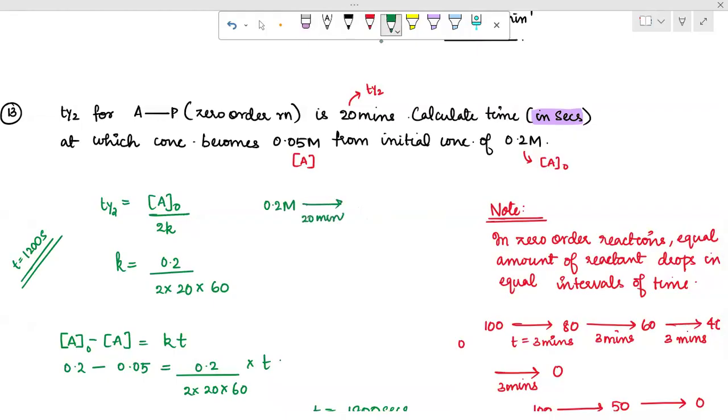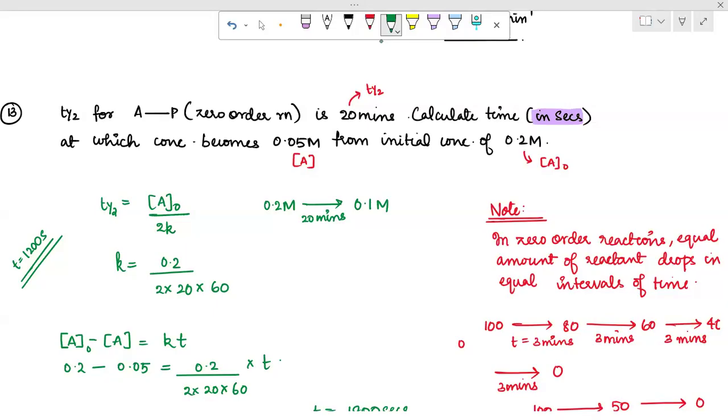Half-life means whatever concentration we have, exactly half is reduced in 20 minutes. The initial concentration becomes 50% of the initial, which is 0.1 molar. So there is a drop of 0.1 molar in 20 minutes.